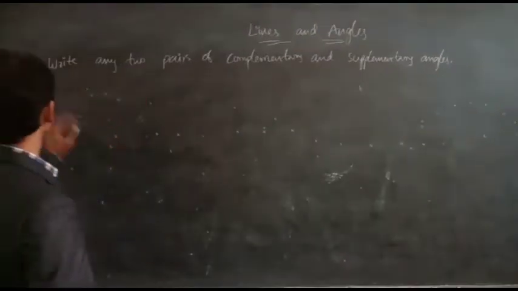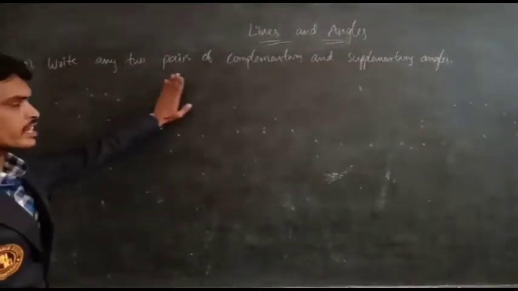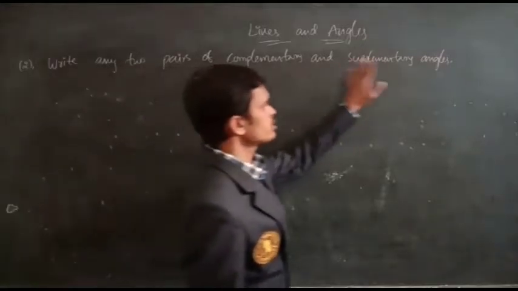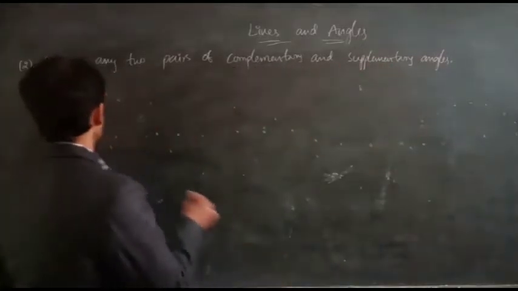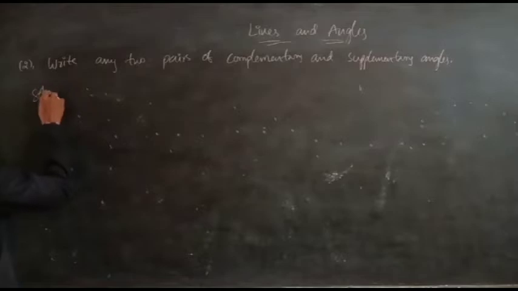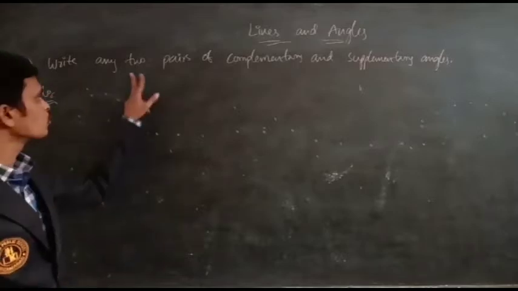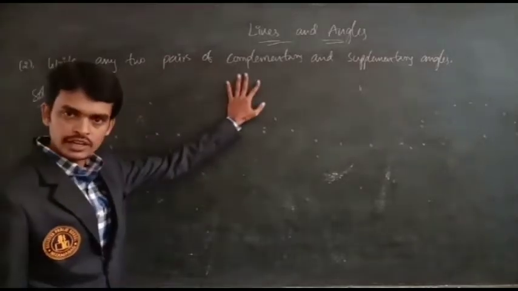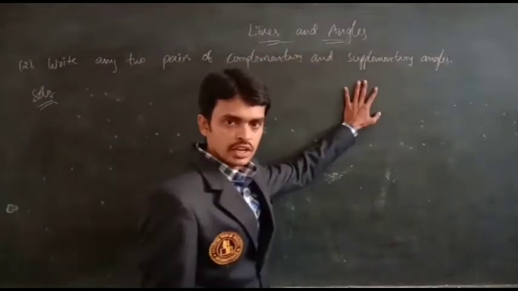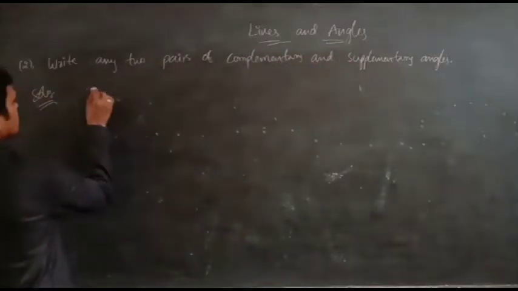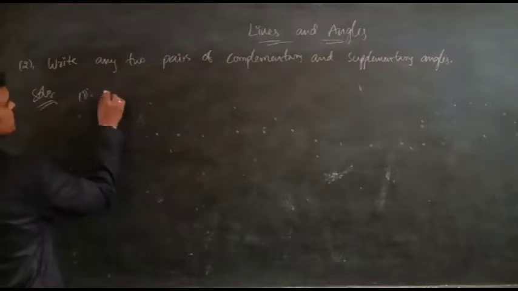Now second problem. Write any two pairs of complementary and supplementary angles. So solution. How many pairs are they asking? Two pairs of complementary angles and two pairs of supplementary angles.